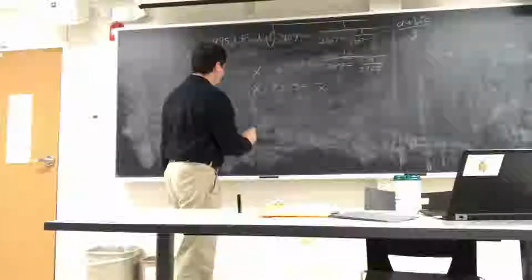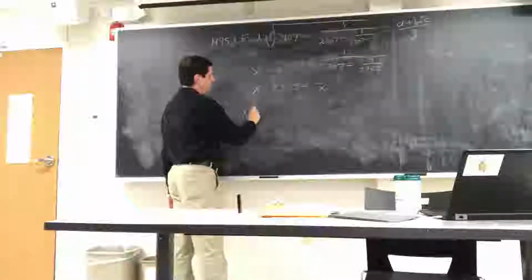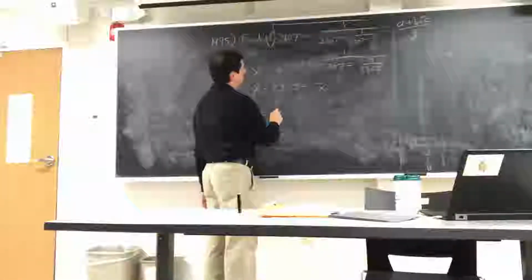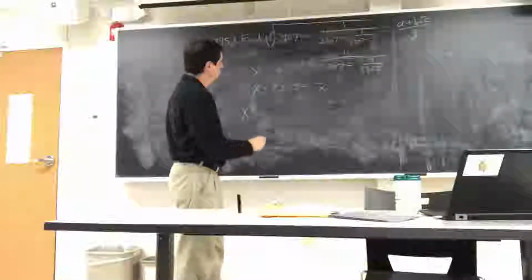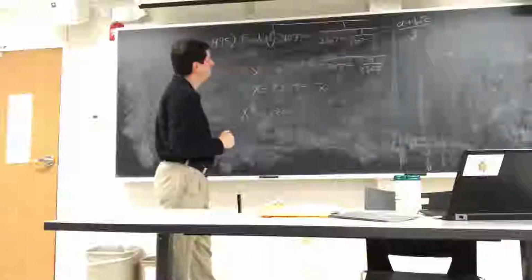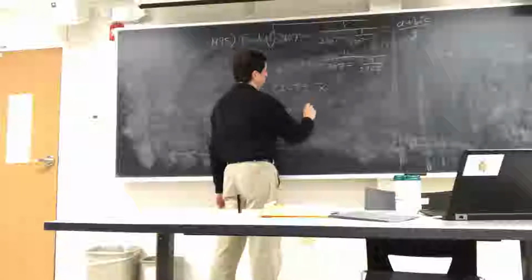So what we get now is X to the 1/8 is equal to 2207 minus 1 over X.